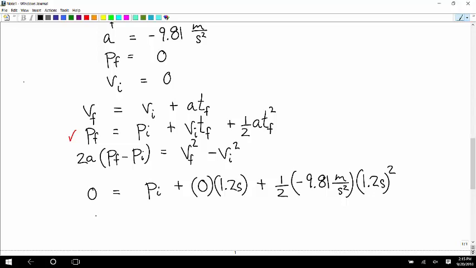So we have that 0 is equal to PI minus, can someone multiply that for me? It's 4.905 times 1.44.